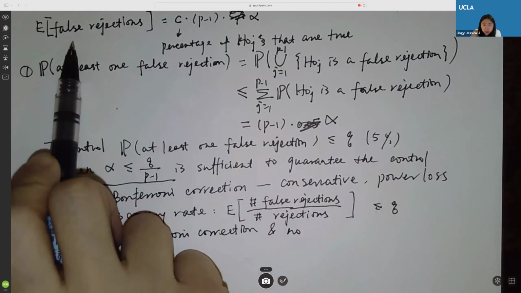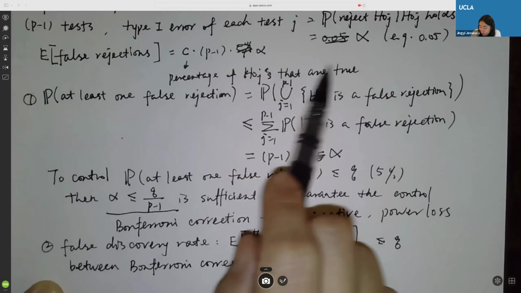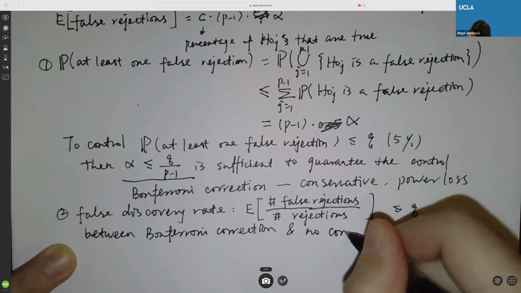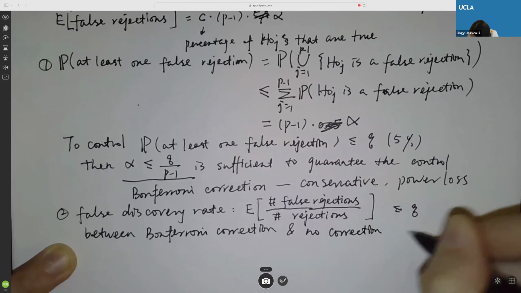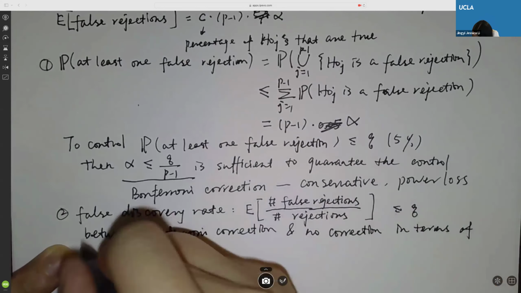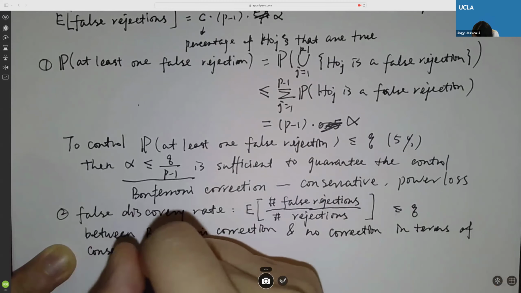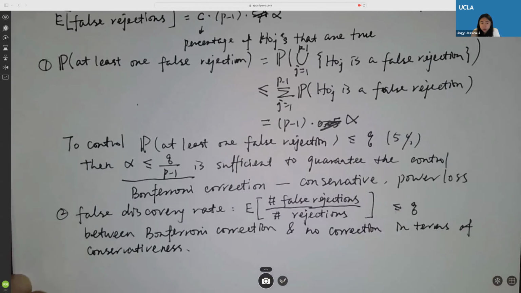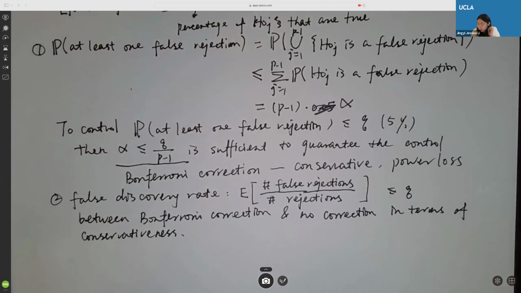Directly using 5% as the p-value threshold is no correction in terms of conservativeness. Okay. So still, if you do false discovery correction, you would have a p-value threshold that's less than 0.05.